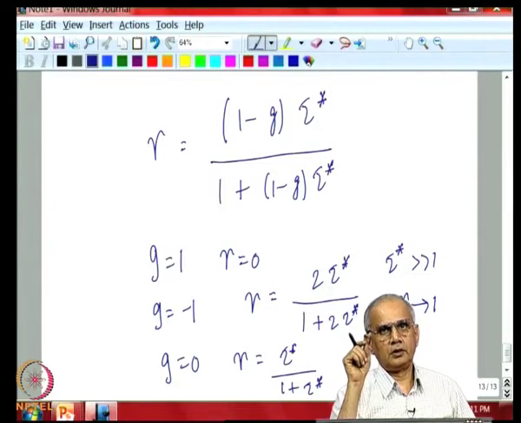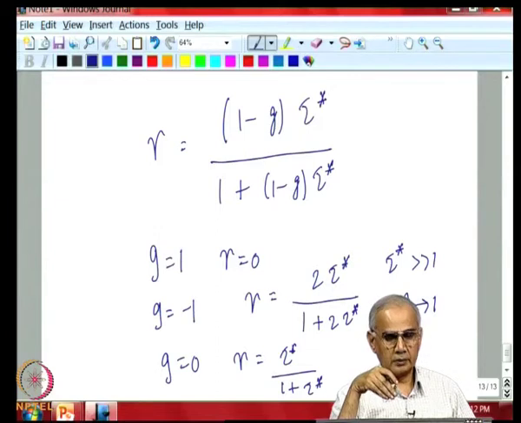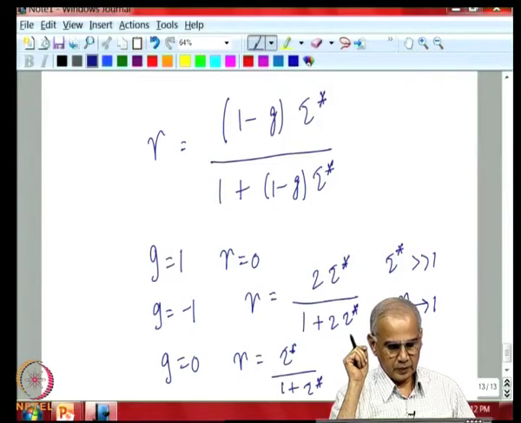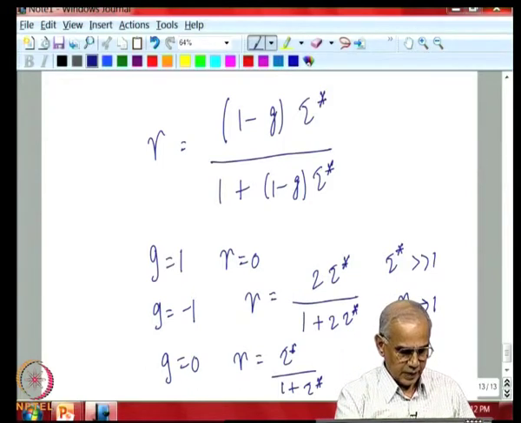So, what is worth understanding is that if a layer has a large optical depth, we are talking about 10 or so, then it does not really matter whether the scattering is isotropic or non-isotropic. The reflectivity is around the same value, 1. So, these insights we are getting fairly easily.